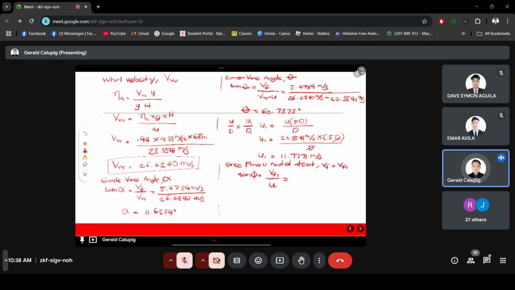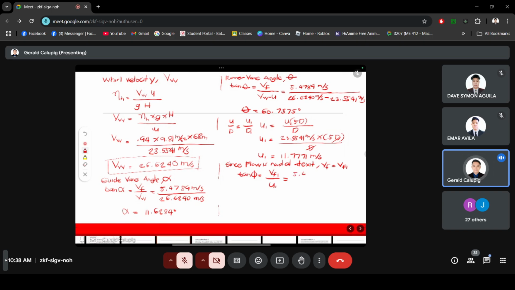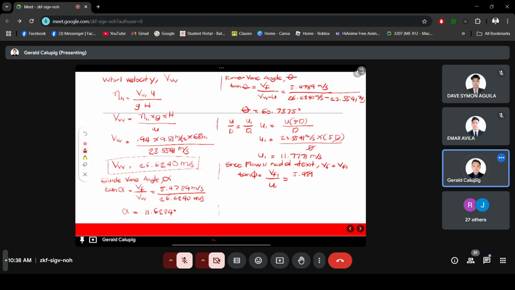Our VF1 is 5.4789 meters per second, all over U1. Our U1 is 11.771 meters per second. So our angle phi is equal to what? Let's try to solve.